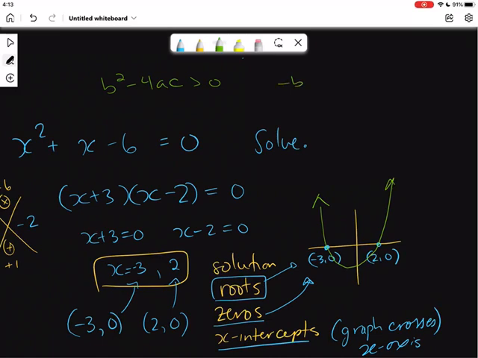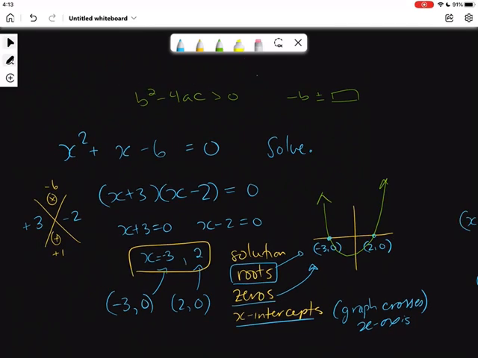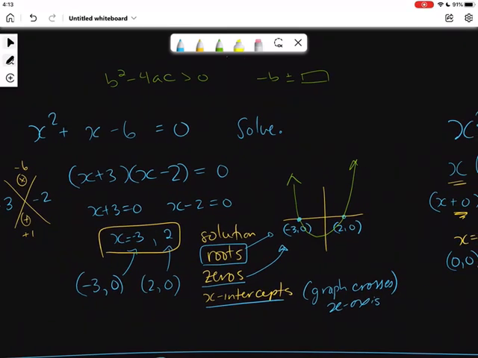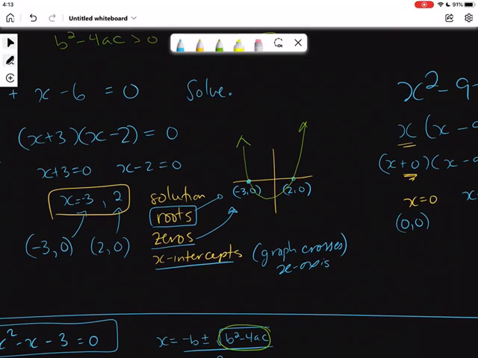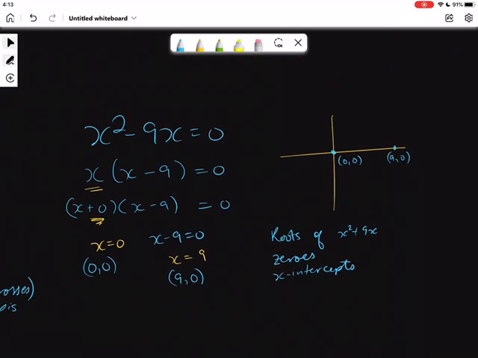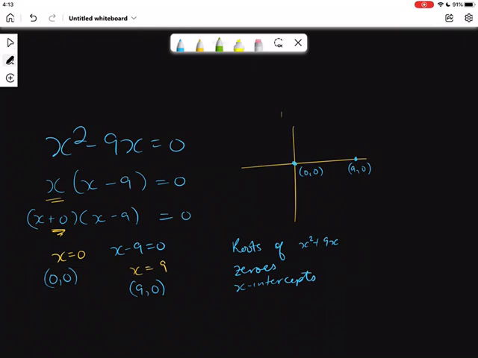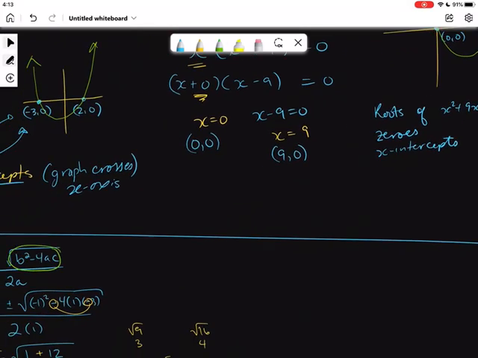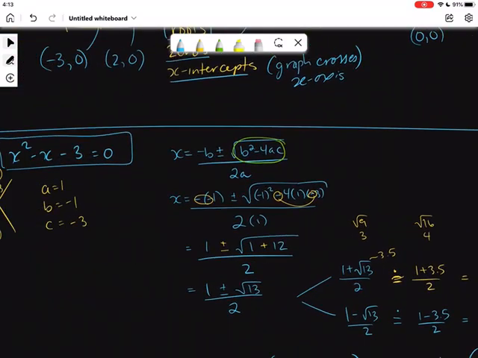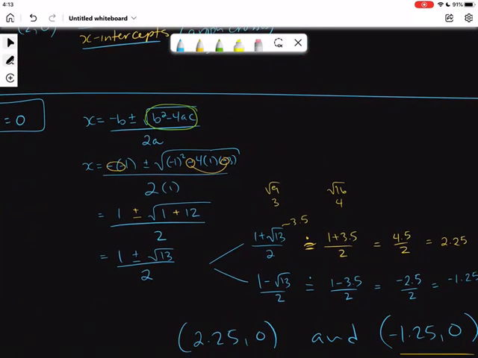That means I have my negative b, and I'm adding and subtracting something, right? There's a value here, which is the square root of b squared minus 4ac. That's why I'm getting those two solutions. And that's happening in all three examples, because in all three I have two roots. Here I've got two roots. In this example, I've also got two roots. And in this one, I've also got two roots.